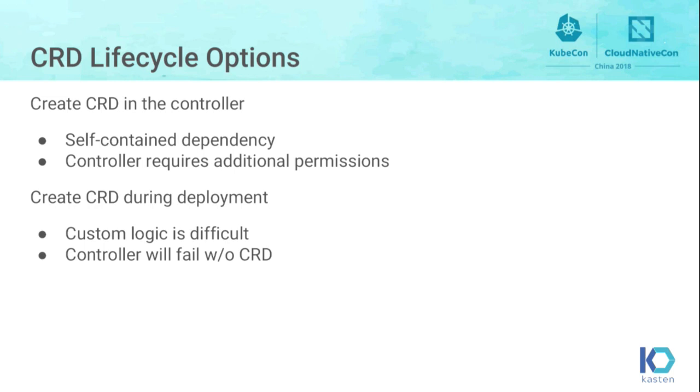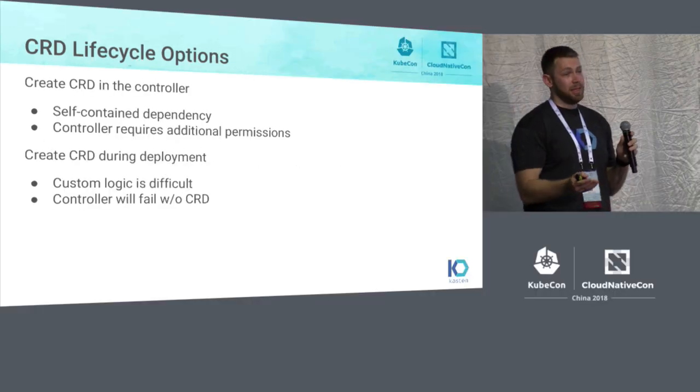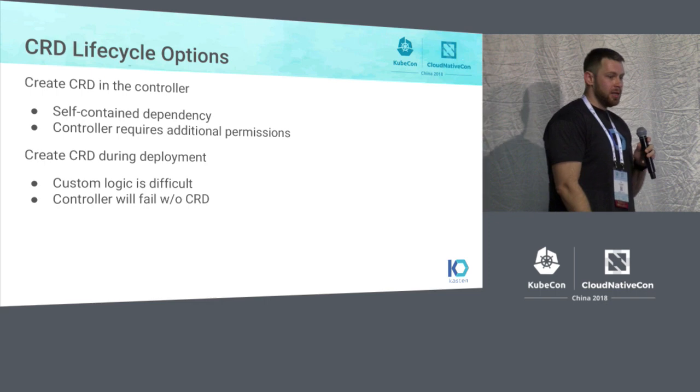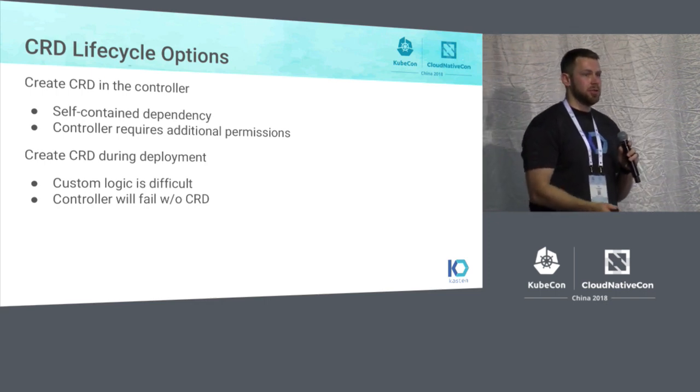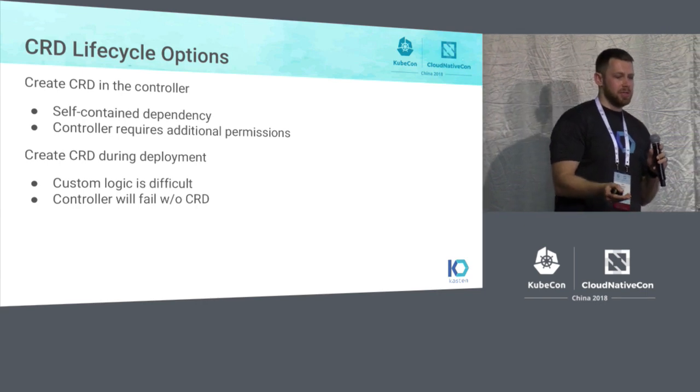CRD lifecycle. As we know, CRDs are cluster-wide objects, which means everyone can access them, and there's only one active version of them. So what's the problem with that? Someone has to manage them, because if you want to change the schema or bump the version, what's happening?